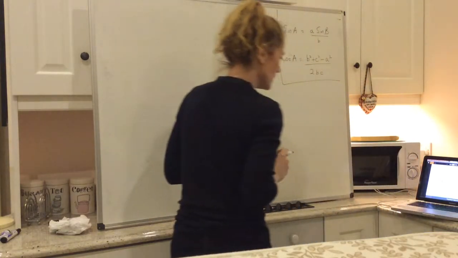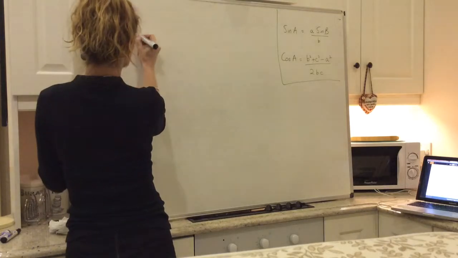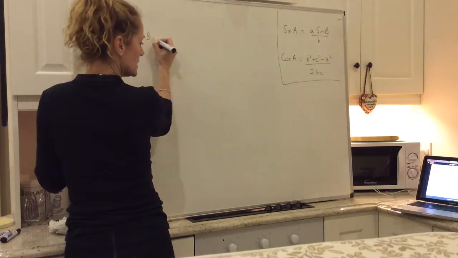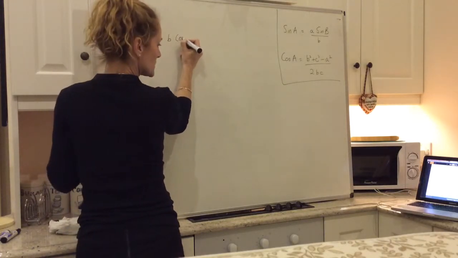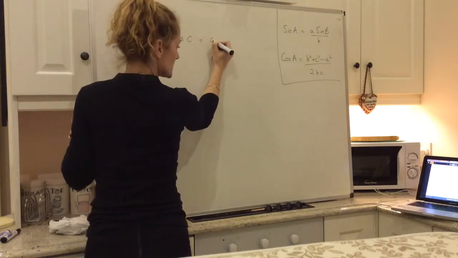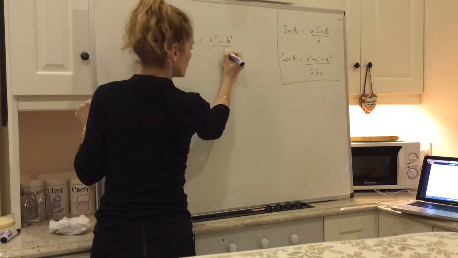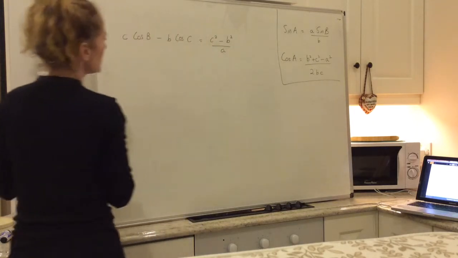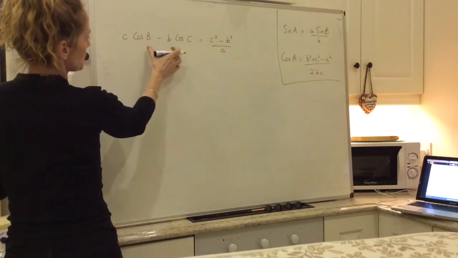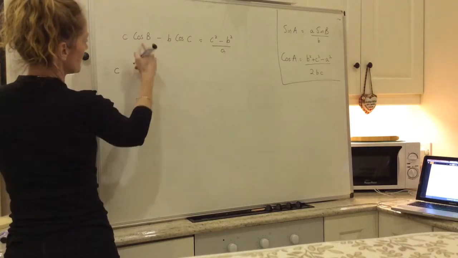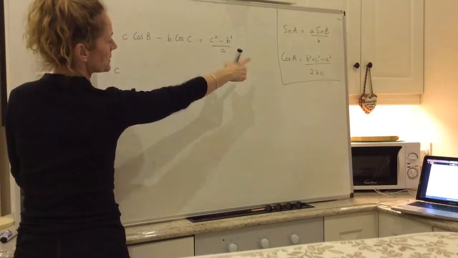Okay, so what have we to do? We have to prove that c cosine B minus b cosine C is equal to c squared minus b squared over a. Okay? So again, let's work with this side. So c, now, what can we replace cosine B with?